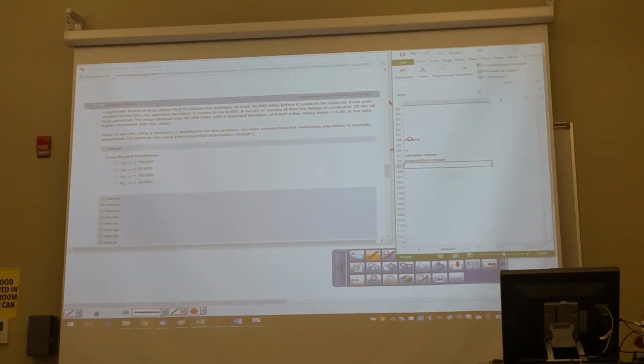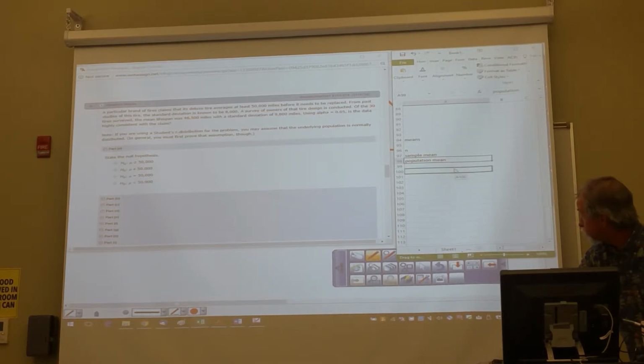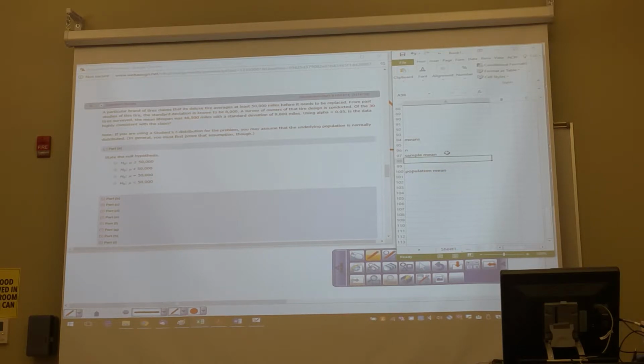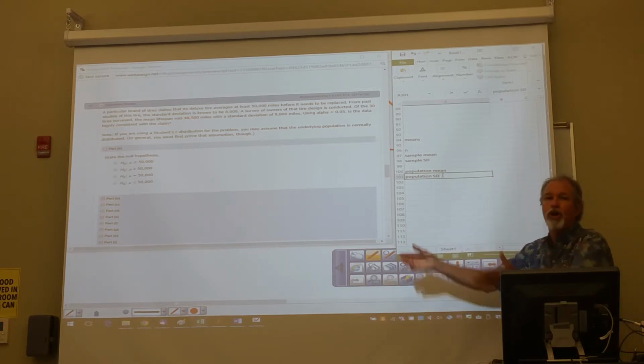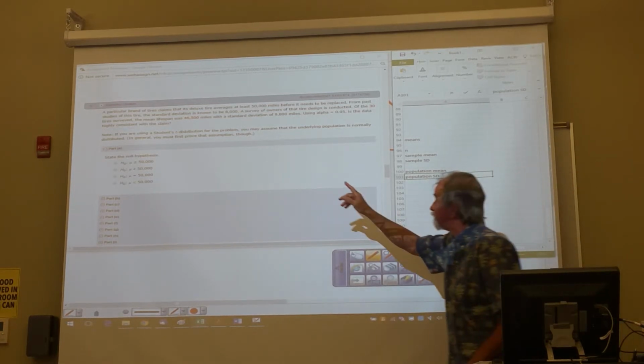I'm actually going to pull this down. I also have a sample standard deviation, which means I may or may not have a population standard deviation. I gotta go back and look at my information.